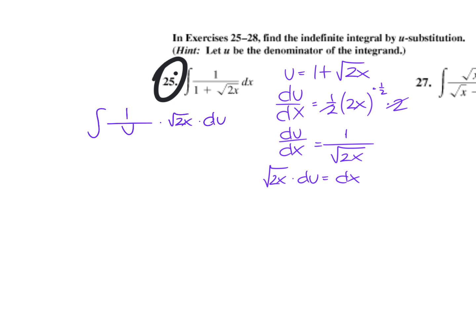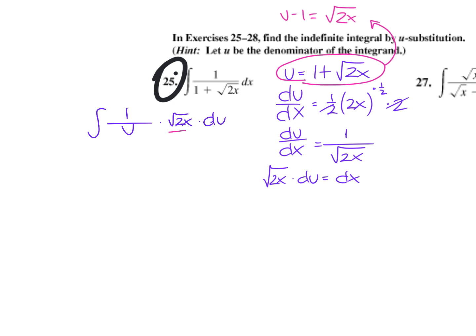So this is the kind where our u does not necessarily cancel out the other x pieces. So we need to come back to this here for our u and solve that for root 2x so that I can get something in place of that u. So that means u minus 1 is equal to root 2x.